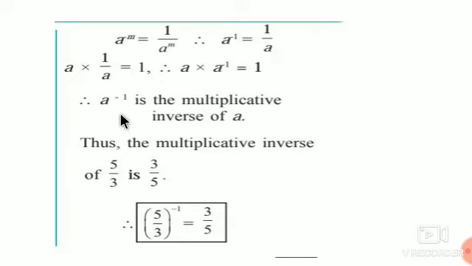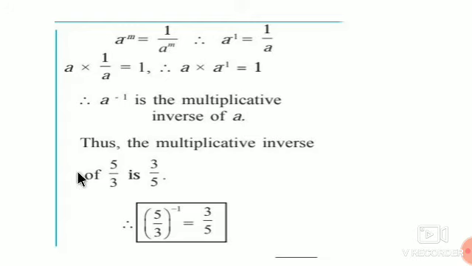We have to write the multiplicative inverse of it if the index is negative. And you know how to write the multiplicative inverse. A raised to the minus 1 is the multiplicative inverse of A. This A has a positive index.